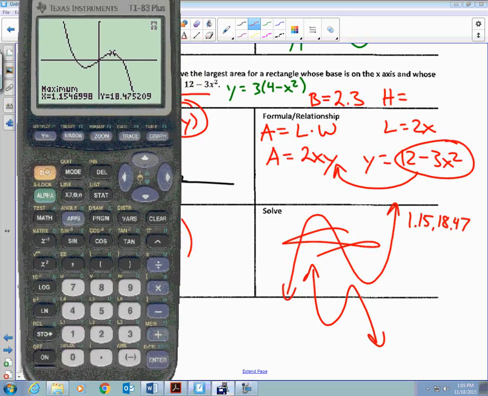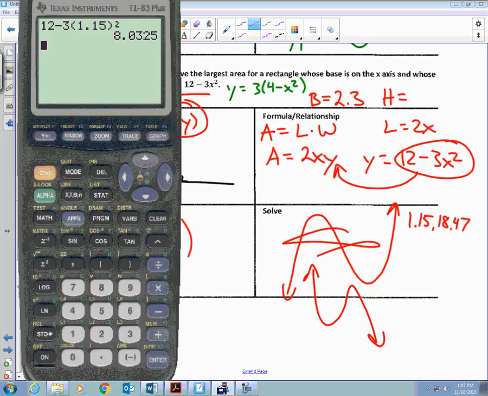Because that generates the height, you guys told me that, 12 minus 3 times 1.15 squared, enter, and I get 8.03. Those are my dimensions. Not easy, huh?